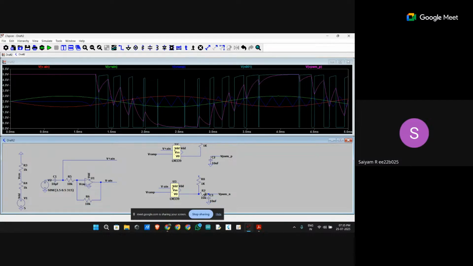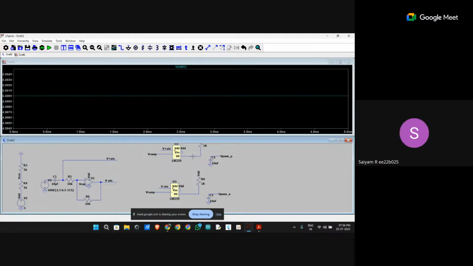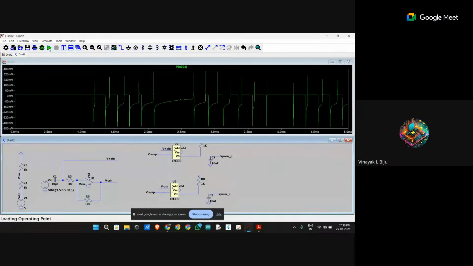Now can you check? I am having the same problem, sir. Still constant at 5. But if I disconnect the VDD from the second comparator, it is working fine for the positive one.